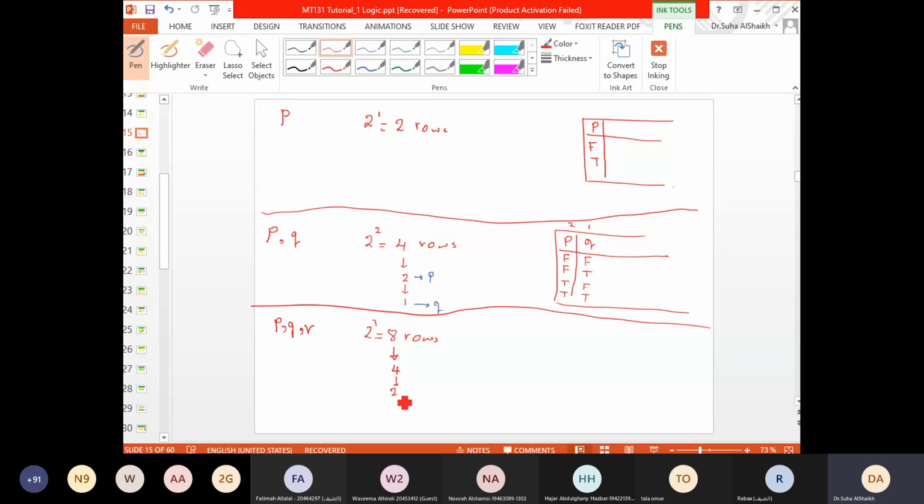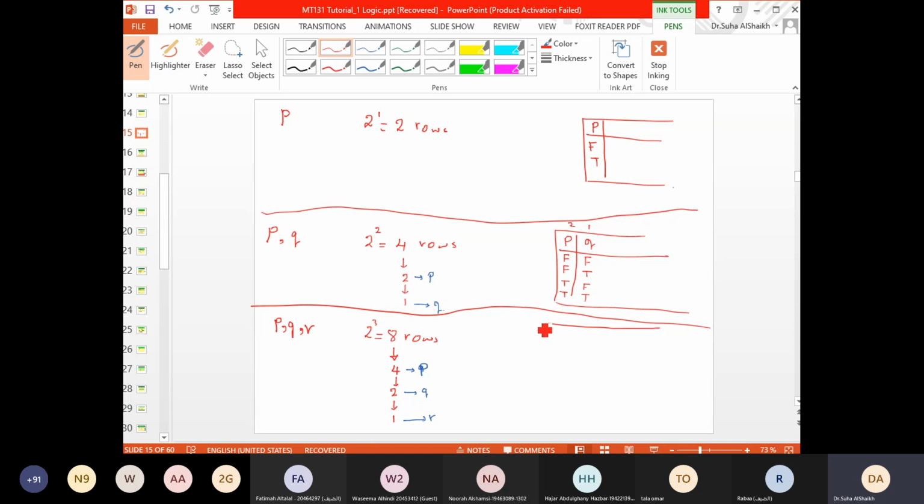Half of the 4 2. Half of the 2 1. نبدأ نسوي matching. ال 4 تروح مع ال P وال2 تروح مع ال Q وال1 تروح مع ال R.